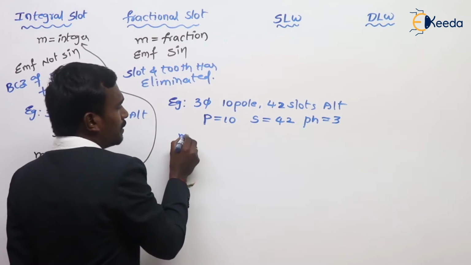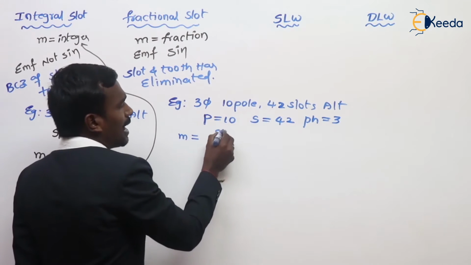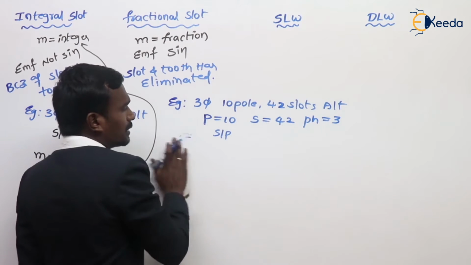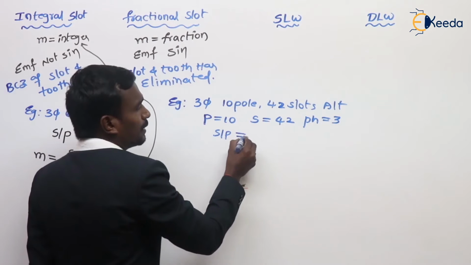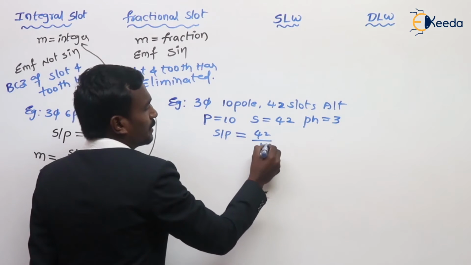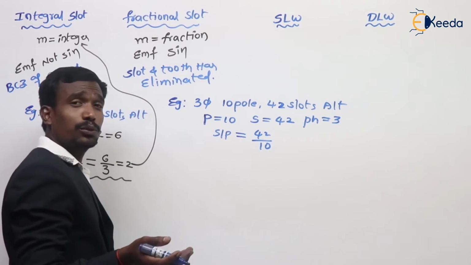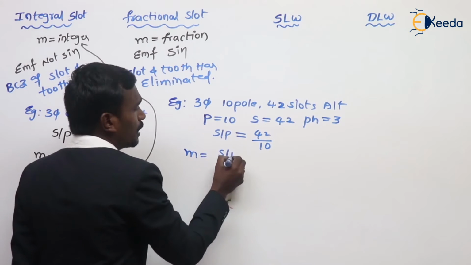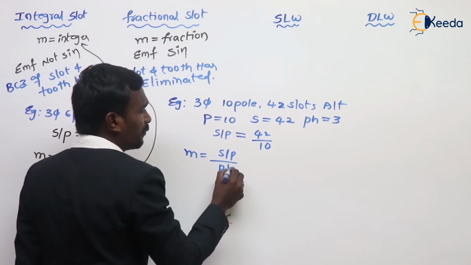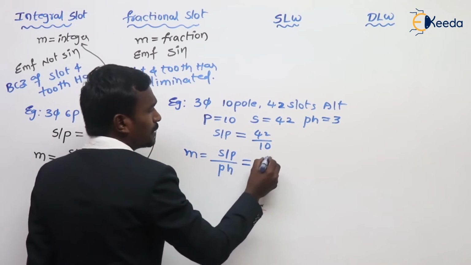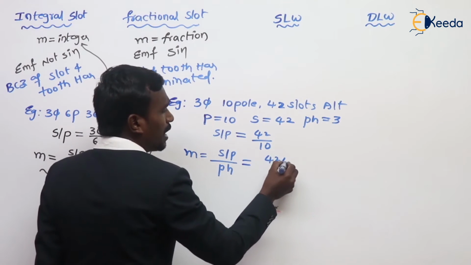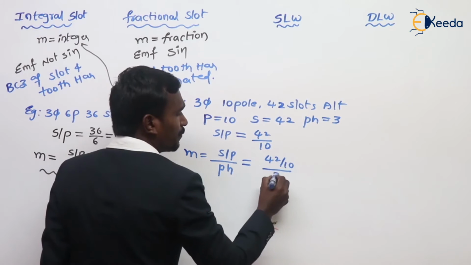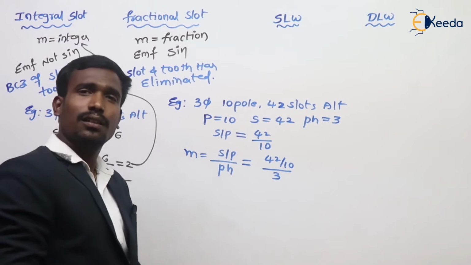So, m is equal to slots per pole per phase. First of all, tell me slots per pole: 42 by 10, which is 4.2. Then what is m? m is equal to slots per pole per phase, that is 42 by 10 by phases.